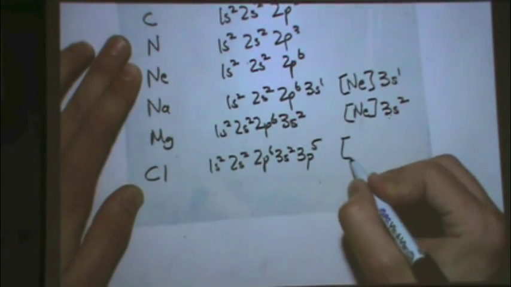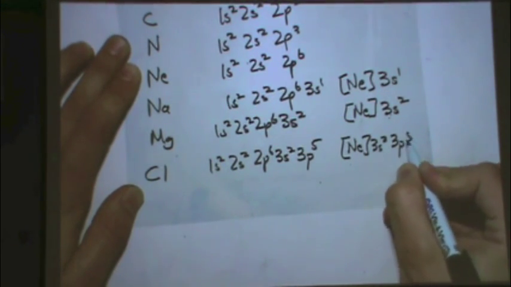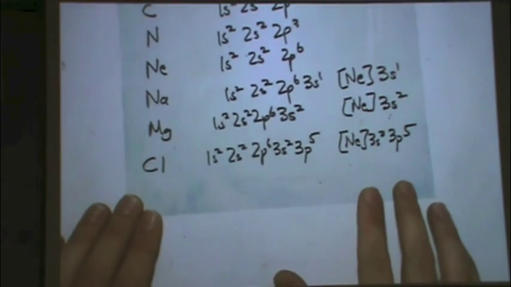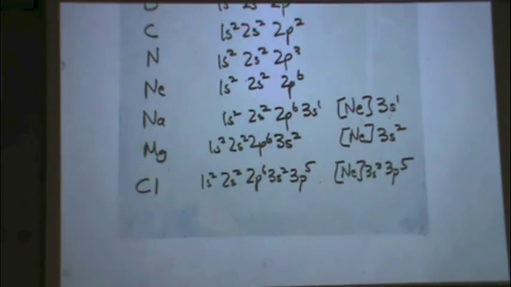Or you could say neon, 3s2, 3p5. Okay. So you need to get used to doing this such that if I give you any element, you can write either shorthand or longhand, whichever you prefer.